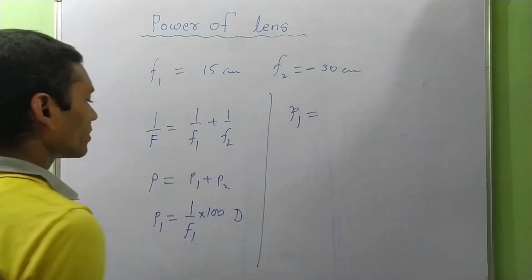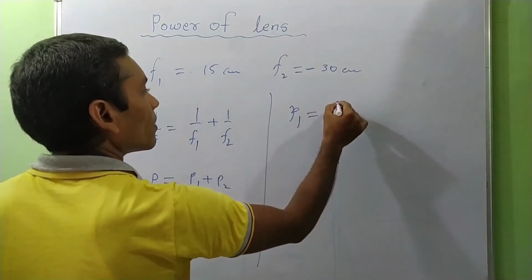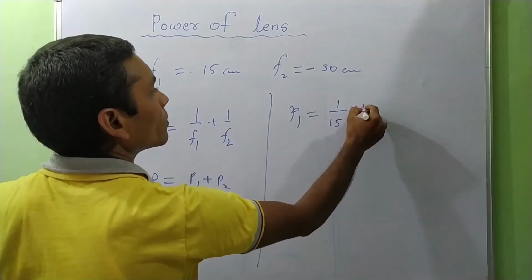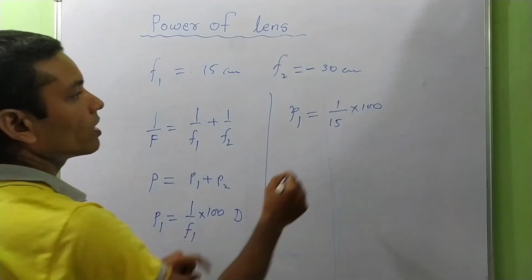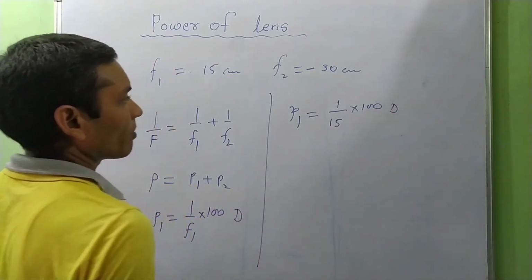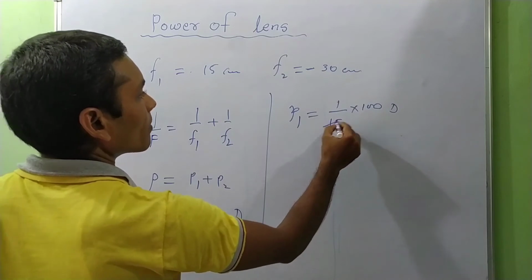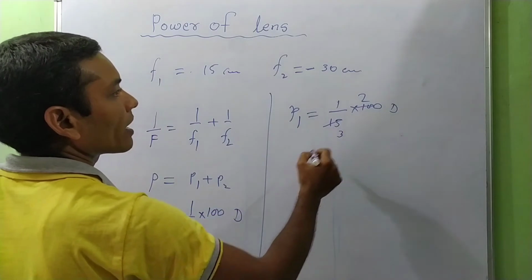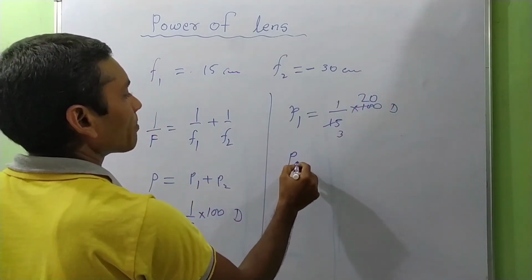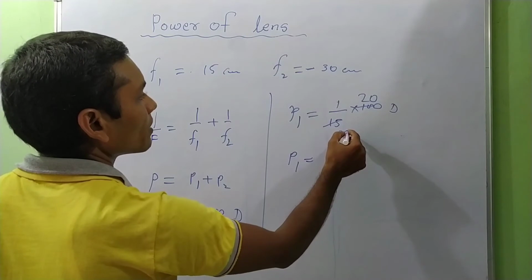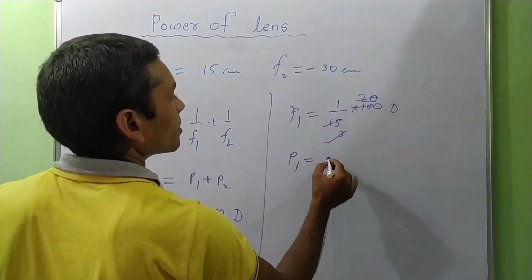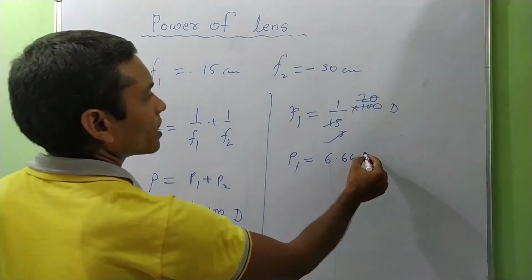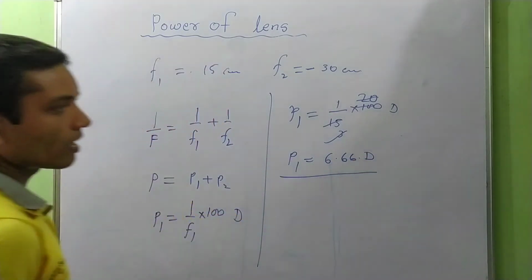So P1 will be equal to 1 upon f1, 15 into 100 by the formula. So it will be in diopter. Now what will be there? 5 3s are 15, 5 2s are 10 and 0. And P1 will be equal to 6.66. This will be the power of the first lens.